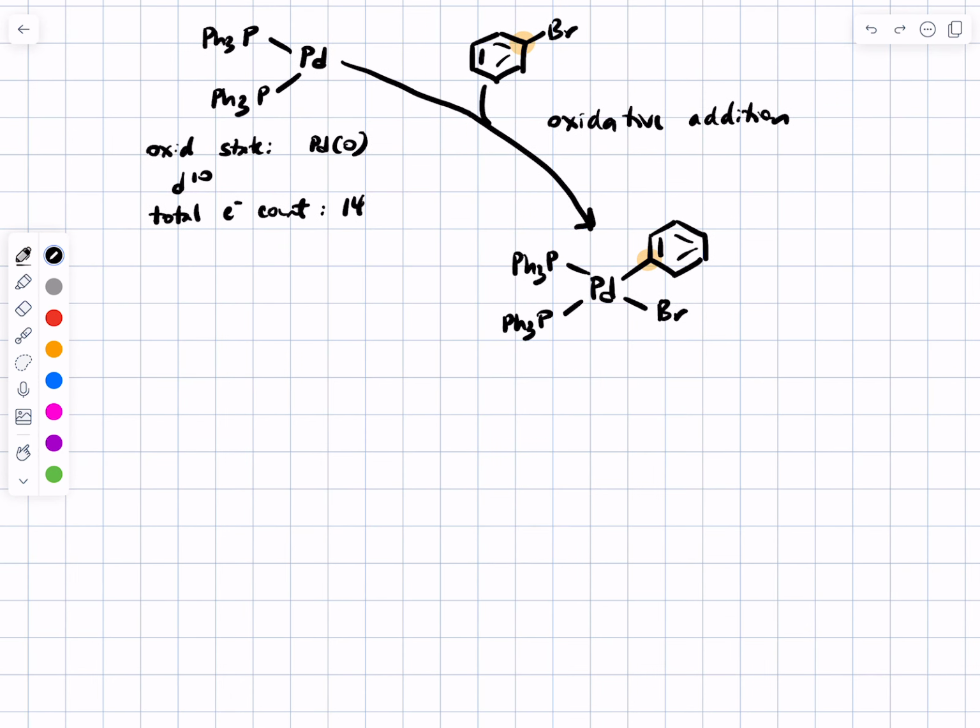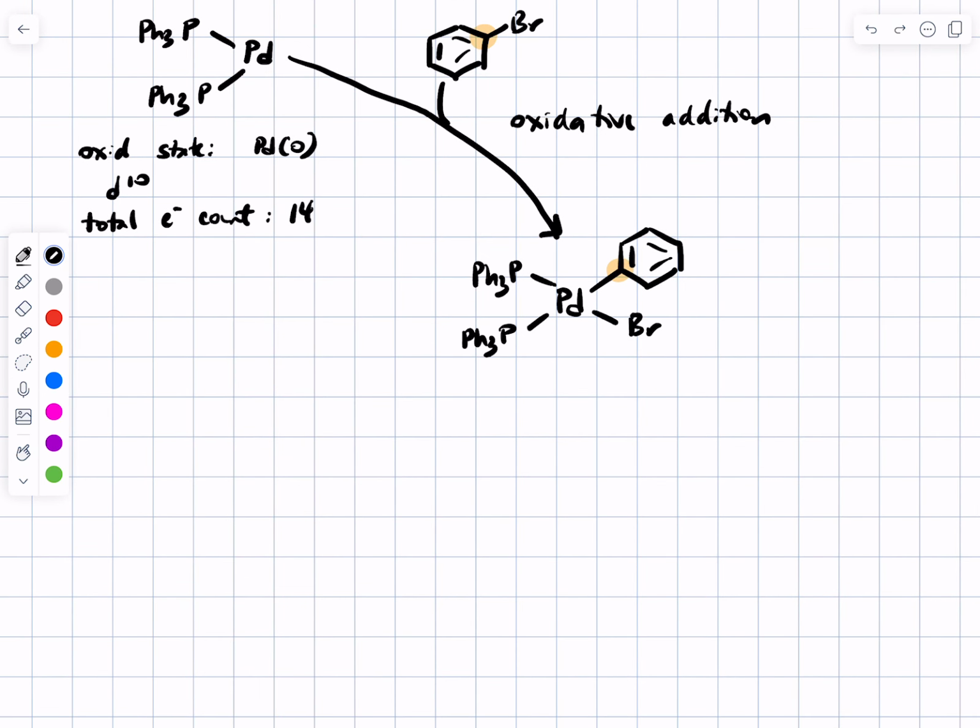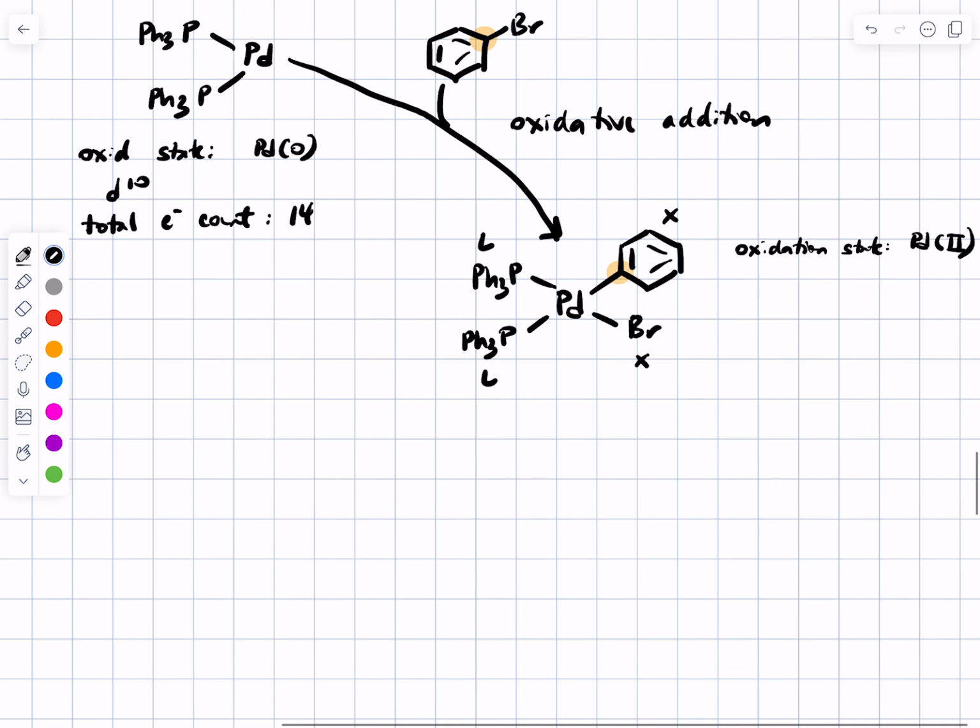You can tell that this is an oxidative addition because we have now two X-type ligands and two L-type ligands attached to palladium, but the overall complex is neutral. Therefore, the oxidation state of palladium must be palladium 2. We've gone from palladium 0 to palladium 2. In terms of d electrons, we've gone down by 2.